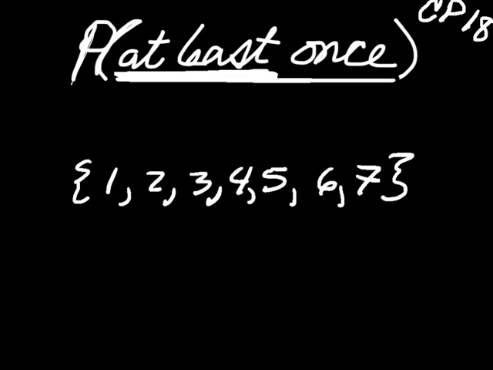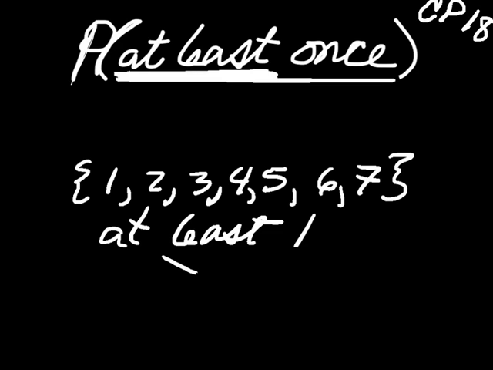And suppose I say, give me all the numbers that are at least 1. So at least 1 means greater than or equal to 1. So we want to list all the numbers, call them x, that are greater than or equal to 1.